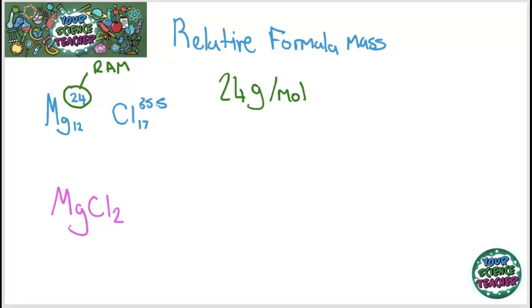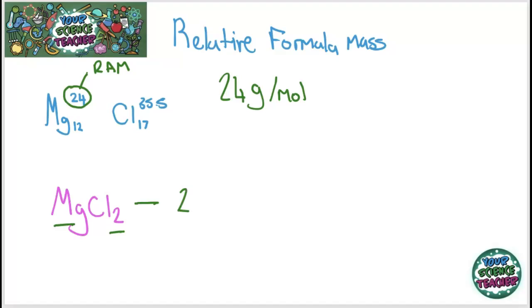So let's take it a bit of a step further, because atoms are usually found bonded to something else in compounds. So let's have a look at this compound down here, which is magnesium chloride. How would I get its relative formula mass? Well, what you do is you add up the relative atomic masses of all the atoms that are present inside there. So I've got 1 atom of magnesium and I've got 2 atoms of chlorine.